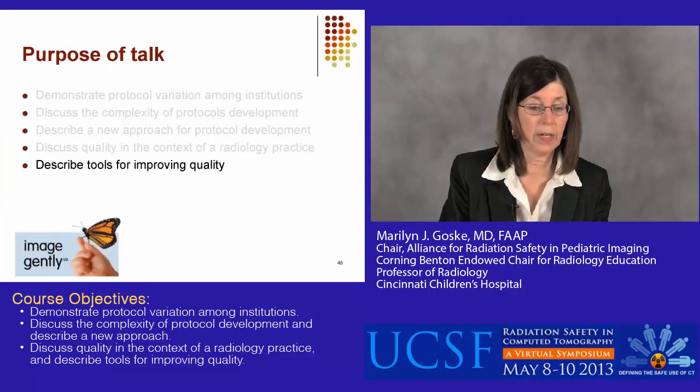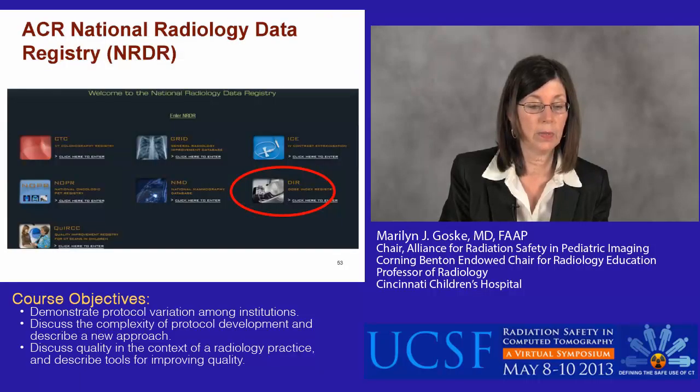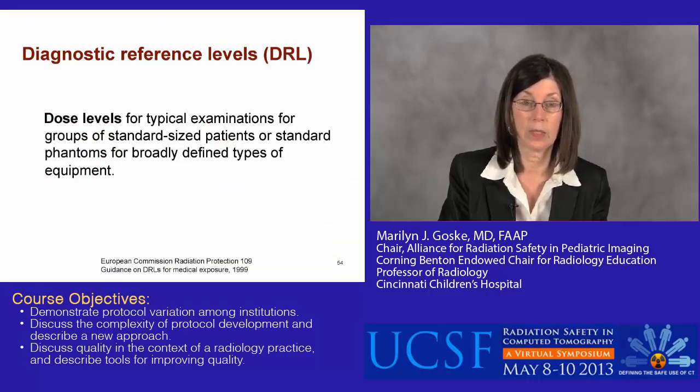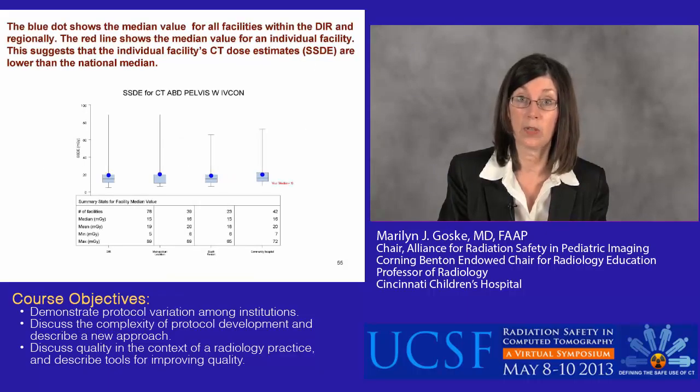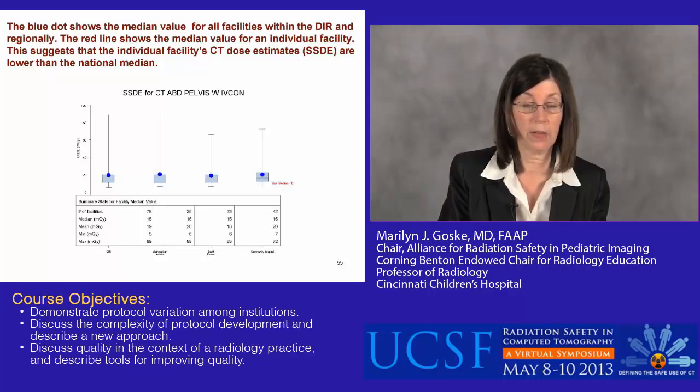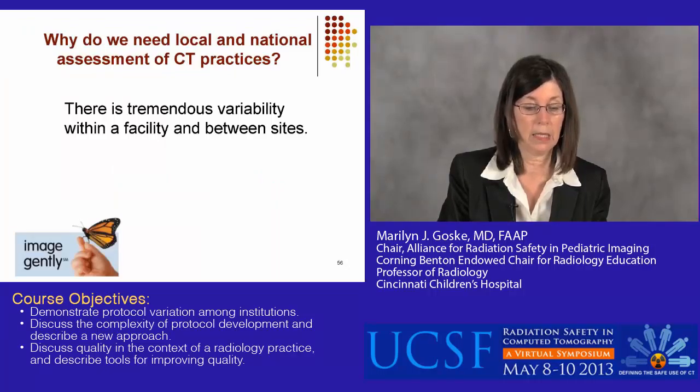Some of the other methods that you can use to establish quality are to use the dose index registry, as we talked about before, and this will provide actual comparisons of your facility and how you stack up compared to other similar facilities around the country. And you can actually then work on improving your practice.